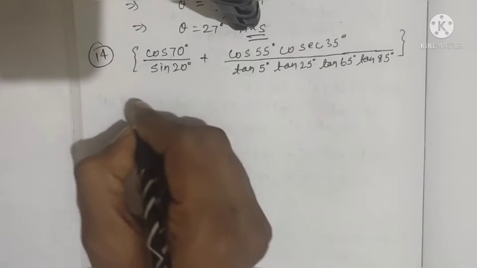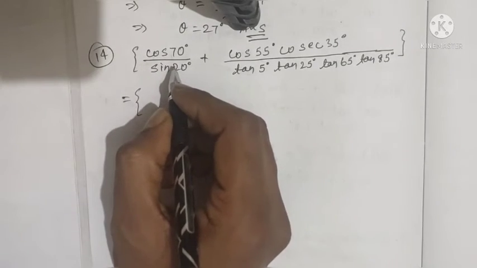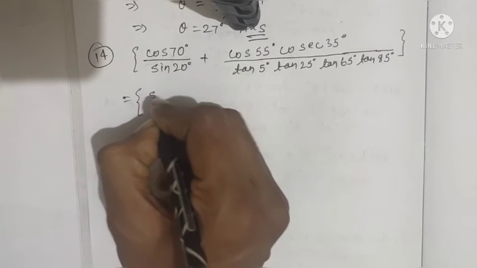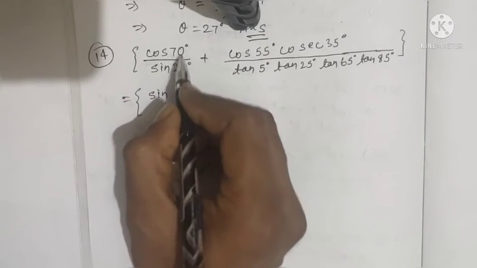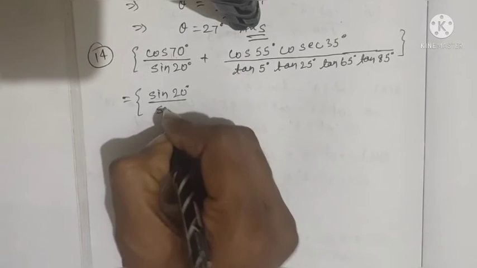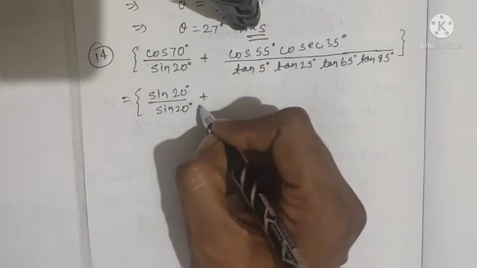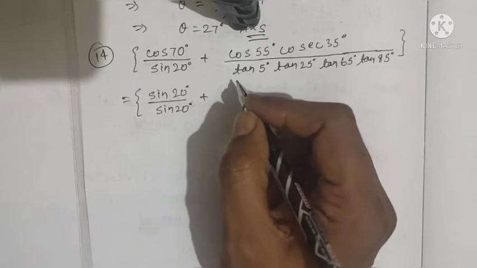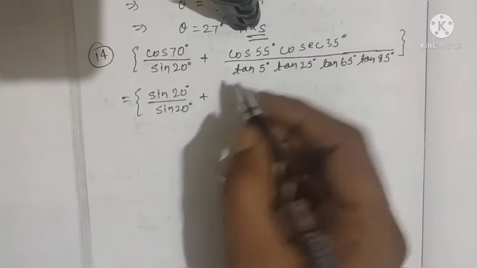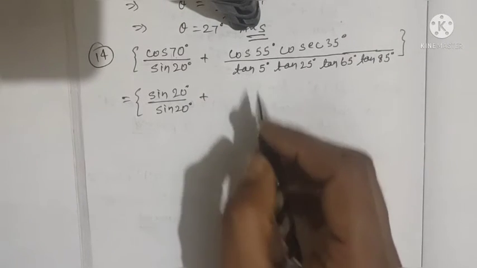Yes. Now, as we know that cos theta is equal to sin 90 minus theta, so it will be sin 90 minus 70 degree means sin 20 degree by sin 20 degree. Simple. I am going to solve it directly for your convenience, and it will improve your mental calculation.